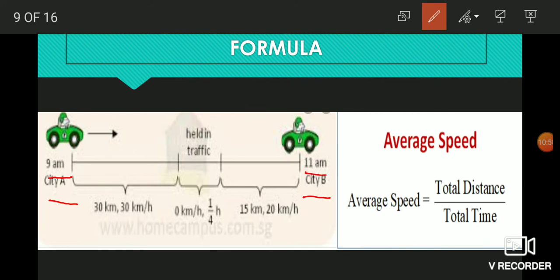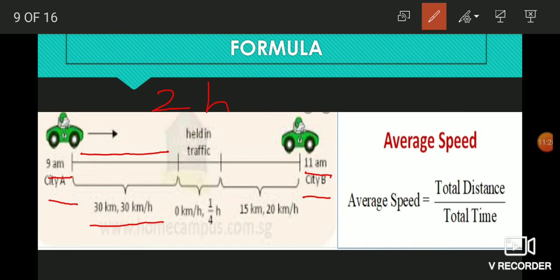It reaches at 11 a.m. So 9, 10 and 11. It takes a total of 2 hours to travel this distance. How does it travel? Let's see how it travels. First 30 kilometers, it travels at a speed of 30 kilometers per hour.